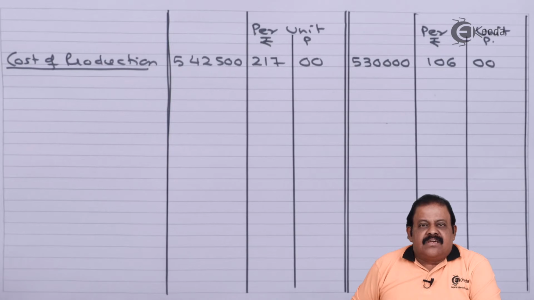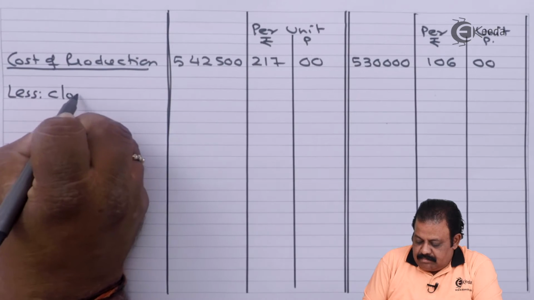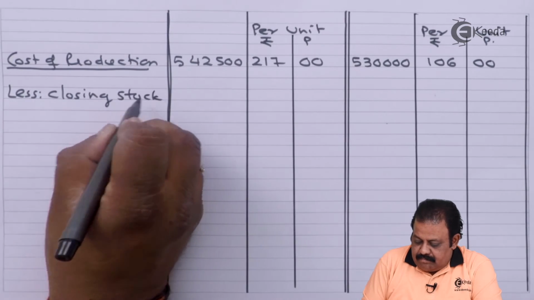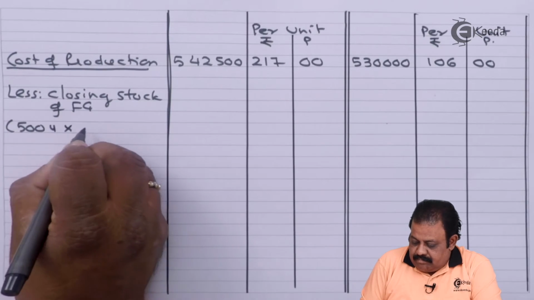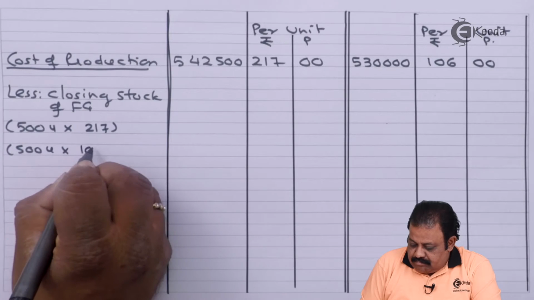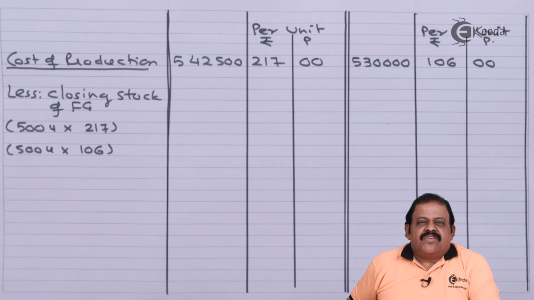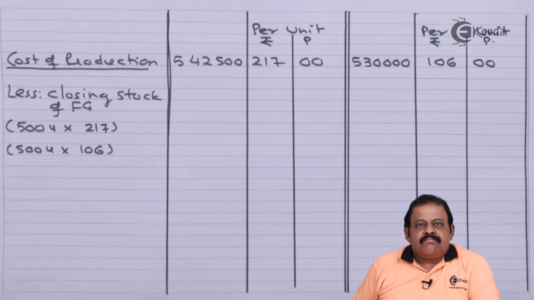From cost of production we'll be deducting closing stock of finished goods. In case of Sharda pen, closing stock units are 500.